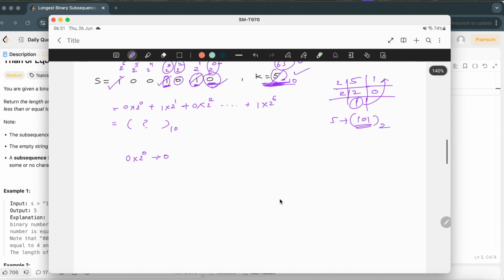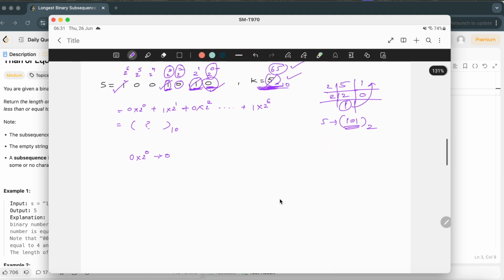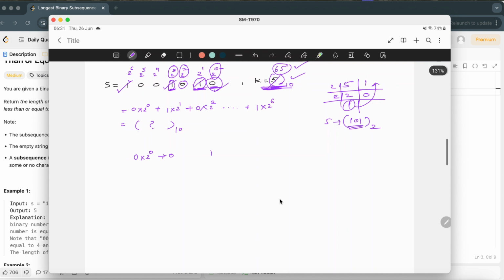The moment we get a one, the issue actually arises. Whenever we get a one, we compute 1 into 2 to the power of 1, which is basically 2. So we will simply compare it with the 5, to check whether 5 and 2 satisfy the given condition. 2 is less than 5, so it is acceptable, and we will consider this one.